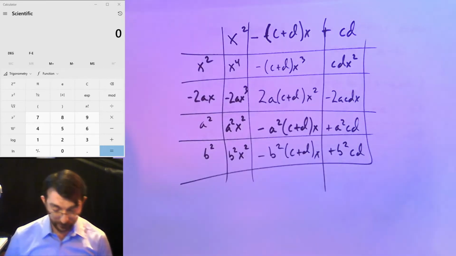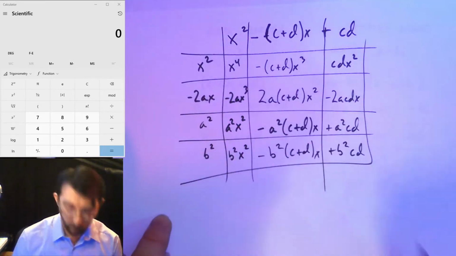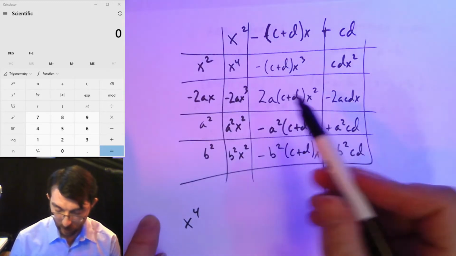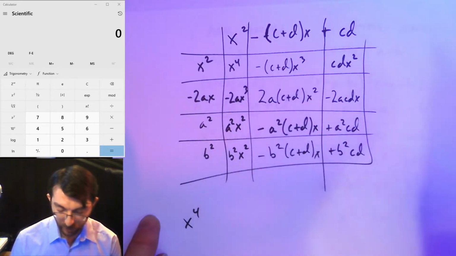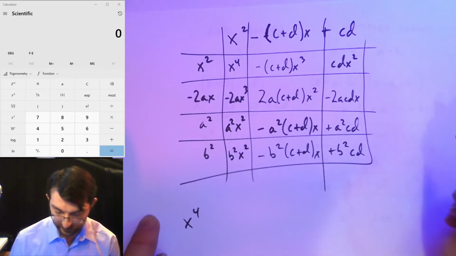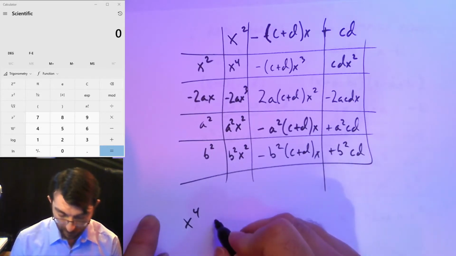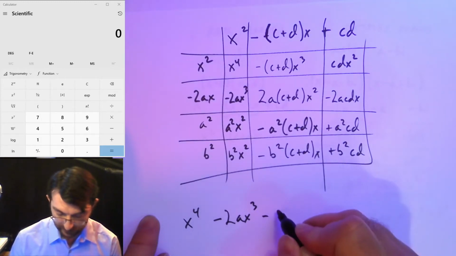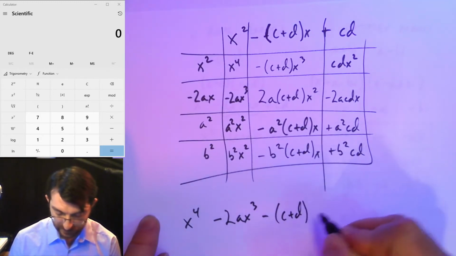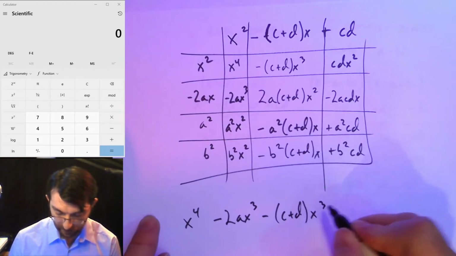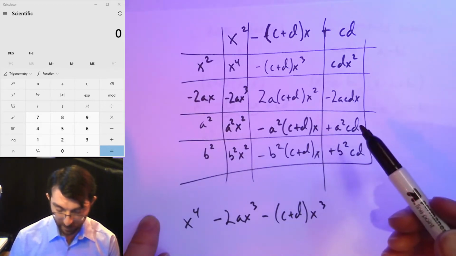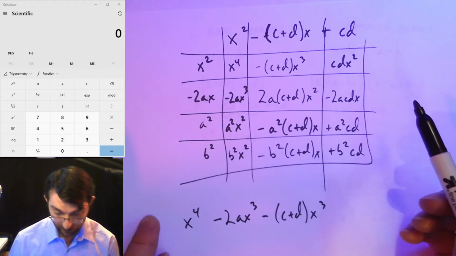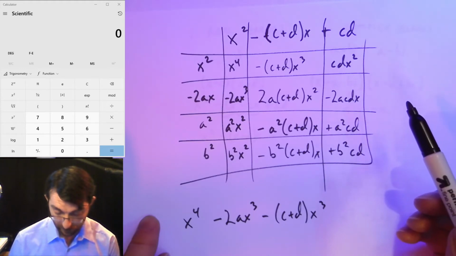All right. There's only one fourth power of x here. However, there are two third powers of x. So that would be minus 2ax cubed minus c plus d x cubed. All right, as for the squareds, yikes.